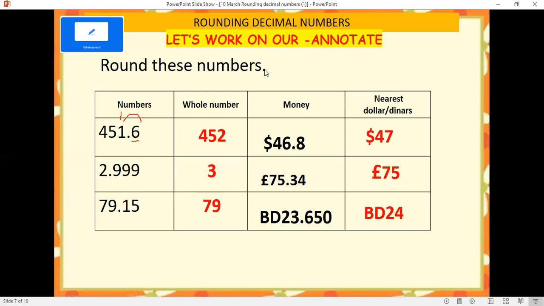So you have to think, is it 4 or less or 5 or more? If it's 4 or less, just cancel it and you will have the same number. If it is 5 or more, you have to add one more to the unit place, because the nearest whole number is the unit place. All right, so that is for the nearest whole number.